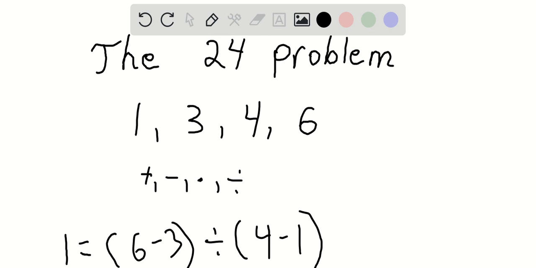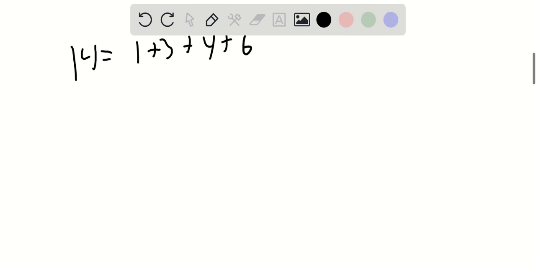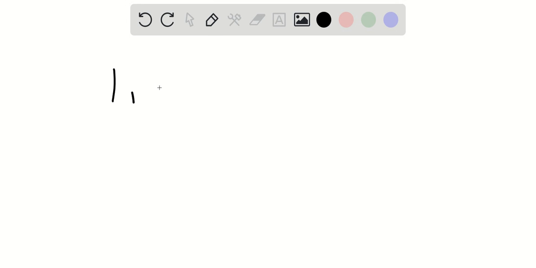Okay, but so here it is. How do we get the answer for 24? Well, we're using these four numbers. Again, the numbers are 1, 3, 4, and 6. And we want to use the operations addition, subtraction, multiplication, and division.